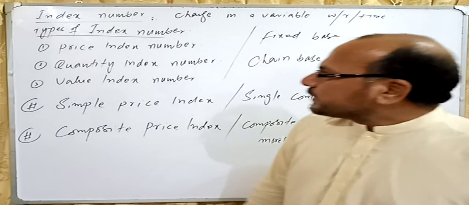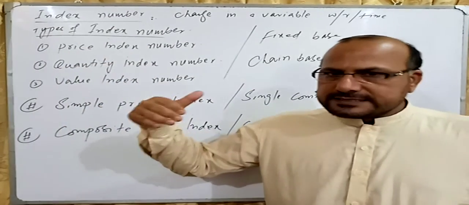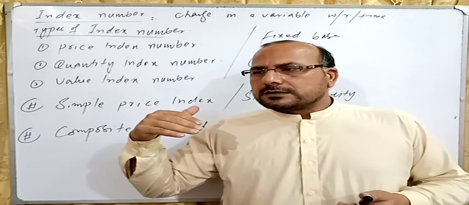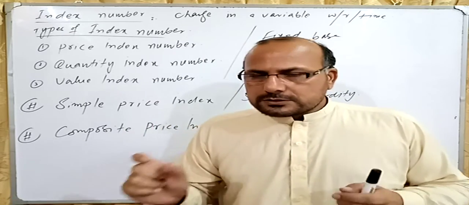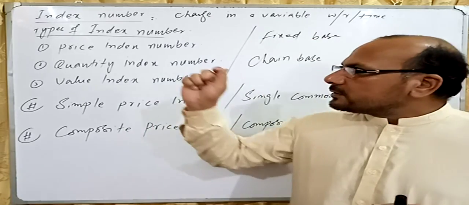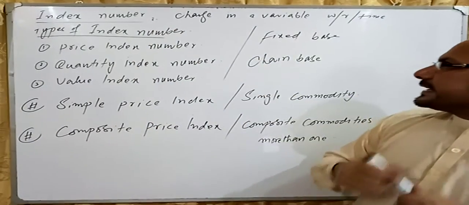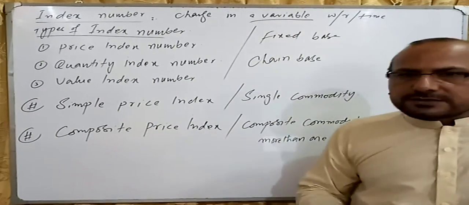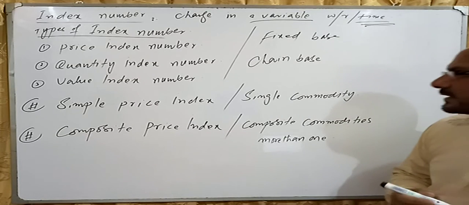That's why it depends on the product, and it also depends on time. So the main factor in the index number is change in a variable from one time to another time.